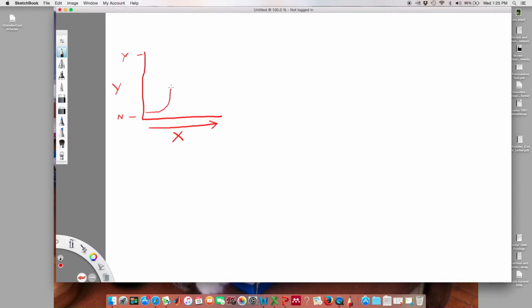So we could get something that looks like that. We could also get a figure that looks more like this, where we start high and go low. So that would be our alternative hypothesis.